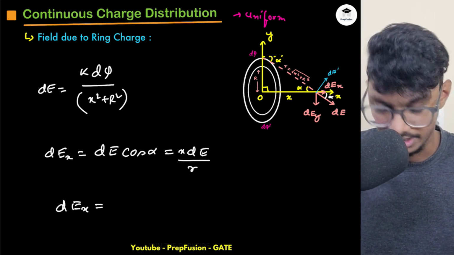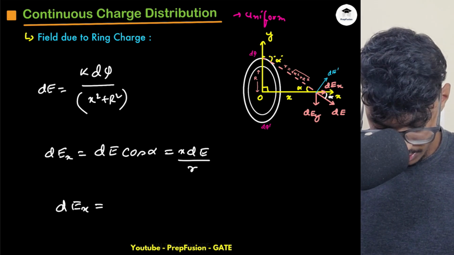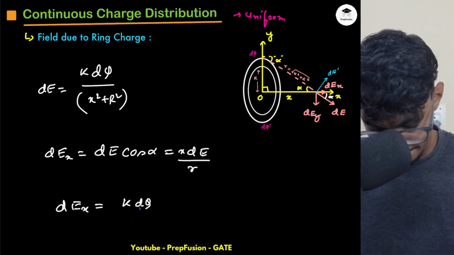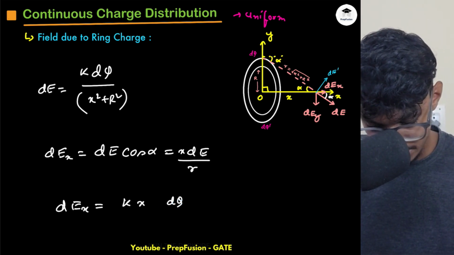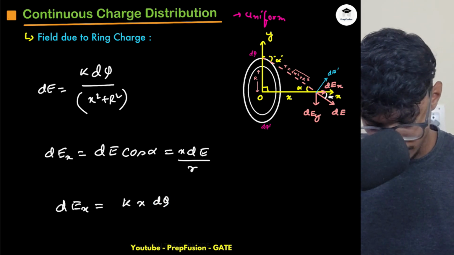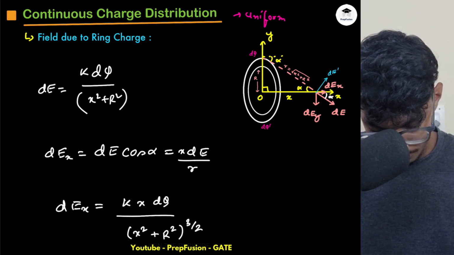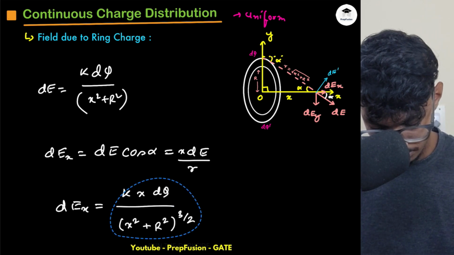I don't care about that. dE_x will be k dq into x by r. R is under root x square plus r square, so this whole thing will become x square plus r square.